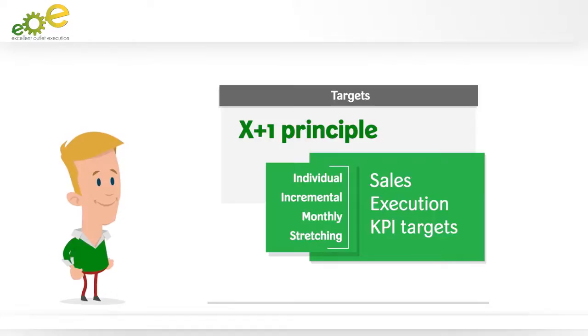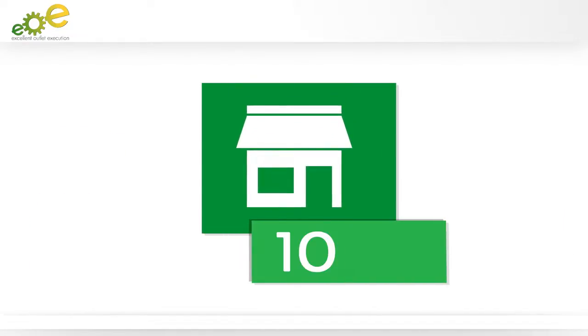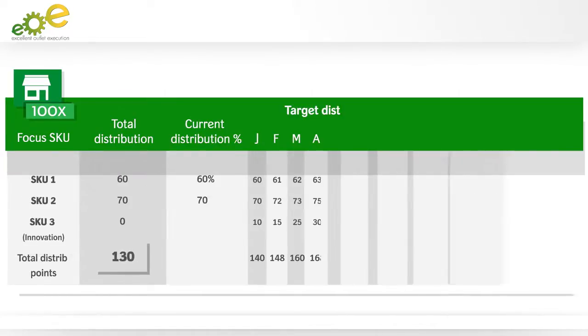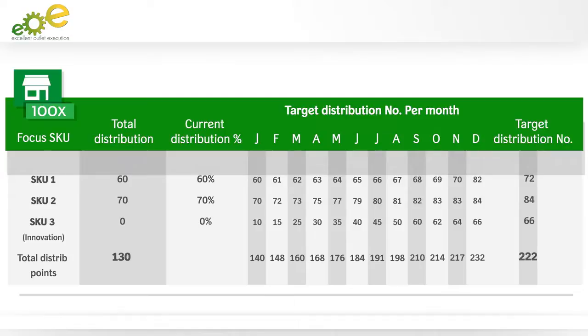To explain this in more detail, let's assume NND Man is responsible for 100 outlets. Based on the NND target scores set by sales managers for 3 focus SKUs, he has 130 current distribution points.